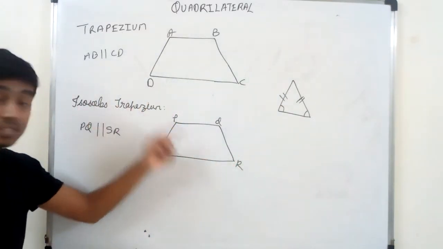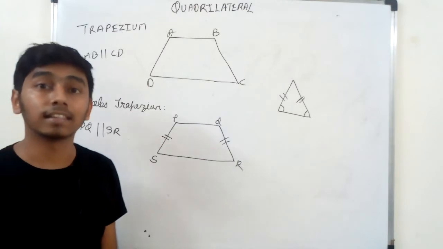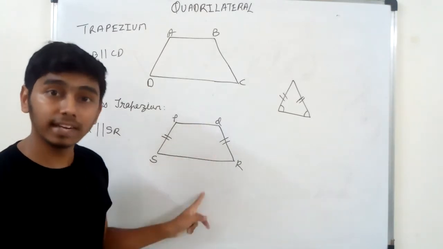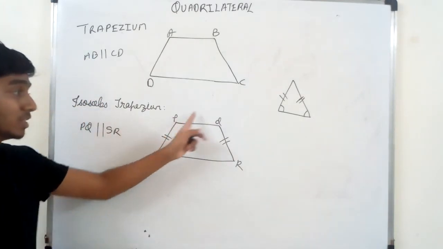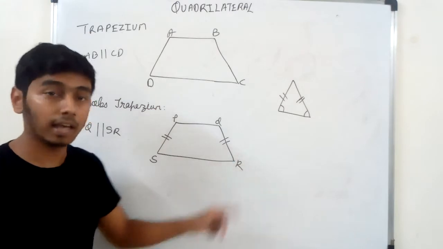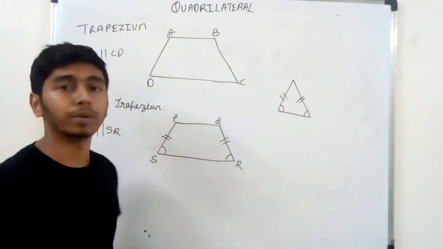Same way, isosceles trapezium says that these two sides, they are congruent. So we always take not the opposite sides which are parallel, but the other sides, they will be congruent and these base angles will be congruent.